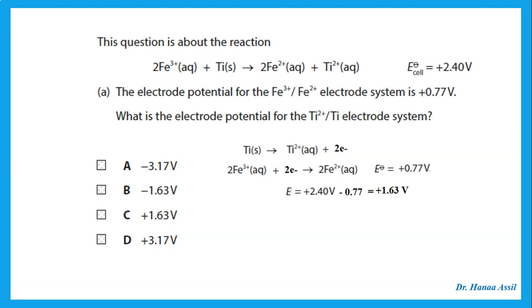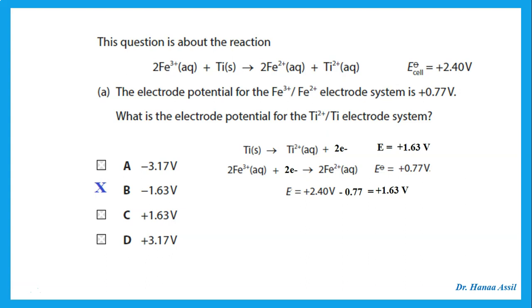But then what is happening in my reaction is titanium solid to titanium 2 plus, and that is oxidation. So the E that we calculated is actually for oxidation. So when I want to write it, I should provide the electrode potential for the reduction.